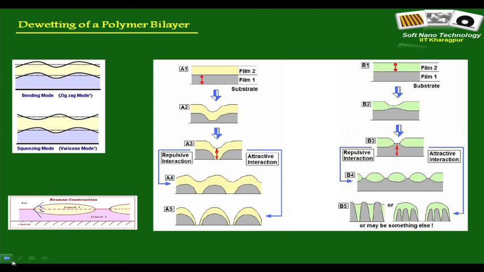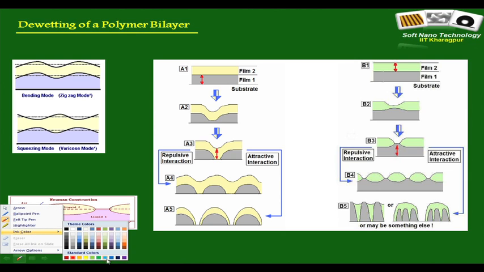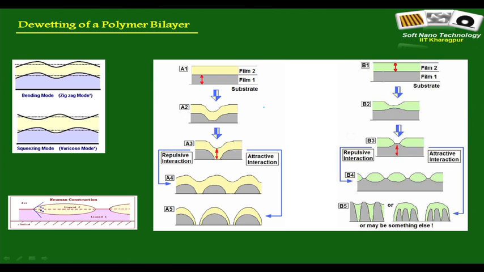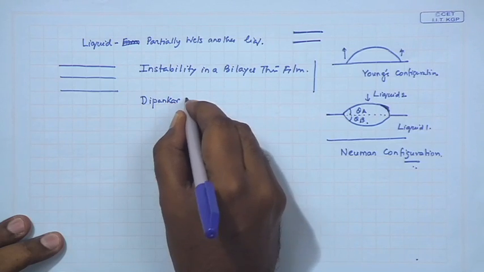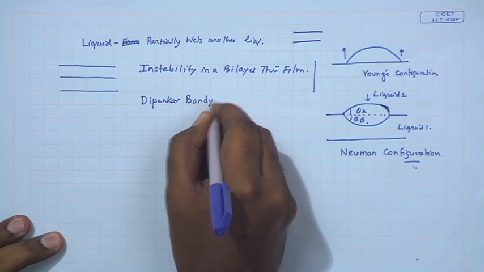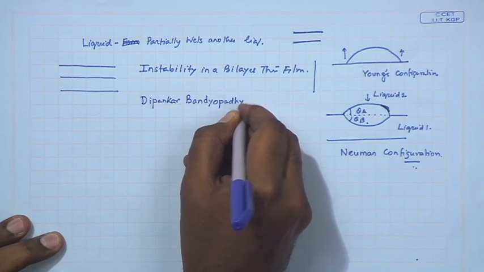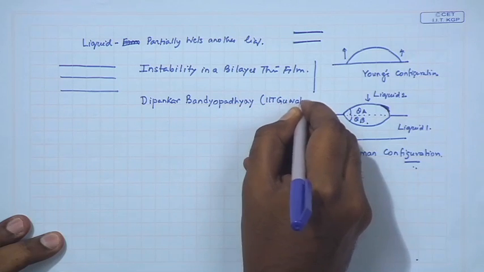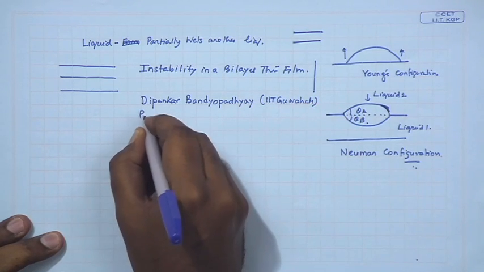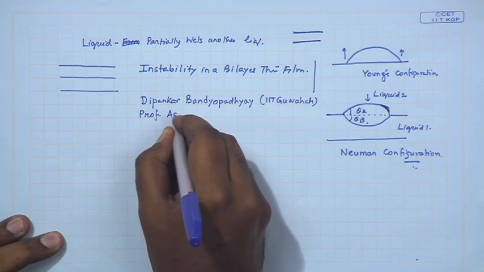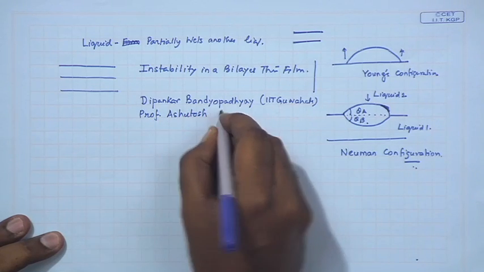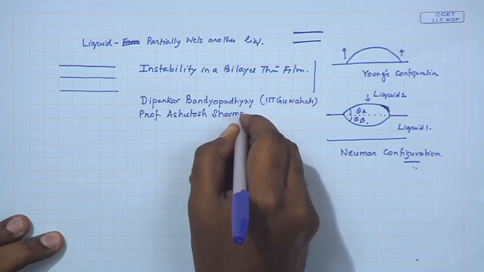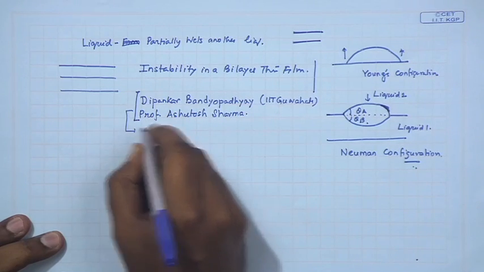On the left hand frame, what you see is a situation where you can read a lot of literature on bilayer dewetting, by wonderful theoretical work by Professor Dipankar Bandyopadhyay at IIT Guwahati, along with Professor Ashutosh Sharma, who have contributed immensely into this field ever since 2005.